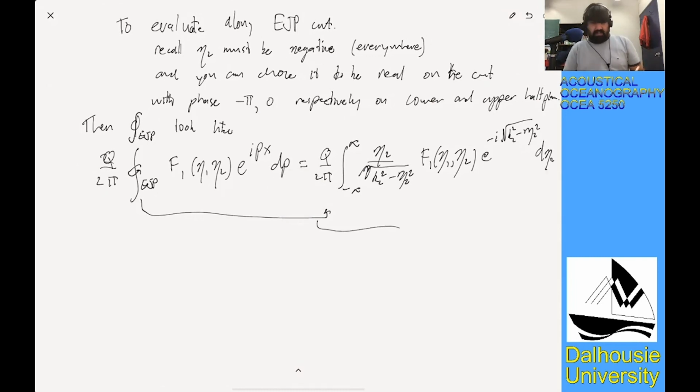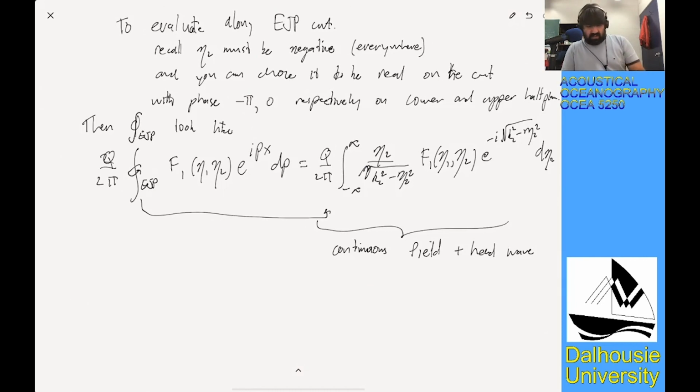So what does this EJP cut represent? Well, it represents the continuous field. Physically, what does this represent? The continuous field and the head wave, which is the wave that propagates along the interface at the critical angle.